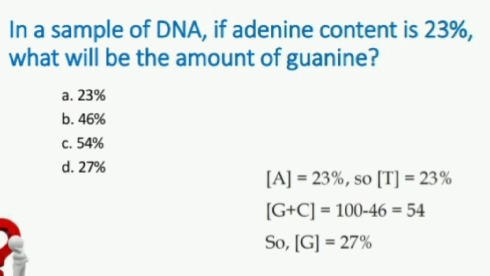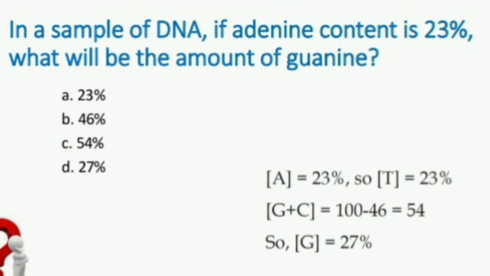So you see the given amount of adenine is 23. So obviously the thymine will be 23%. So 23 plus 23 is 46. If we count the total number to be 100, the remaining amount is 100 minus 46, that is 54.